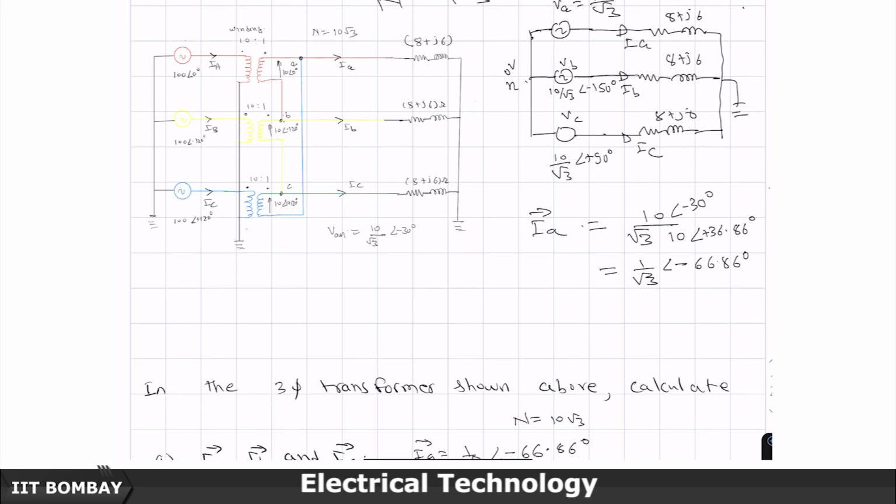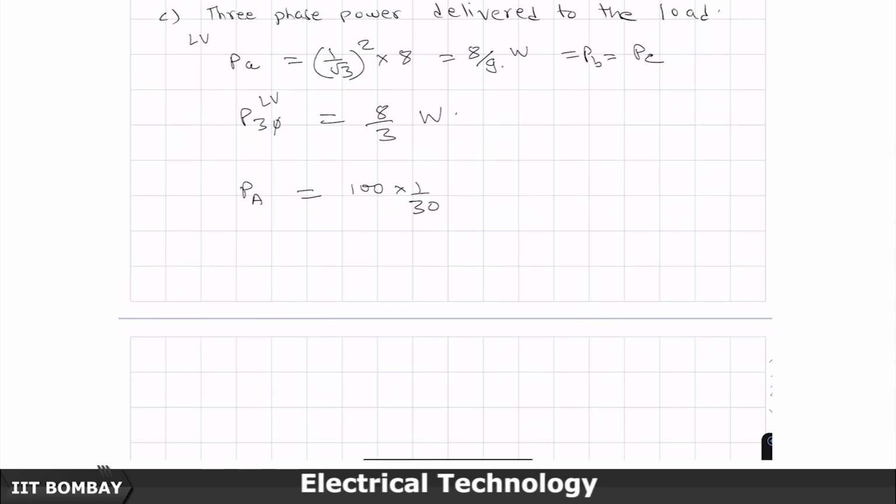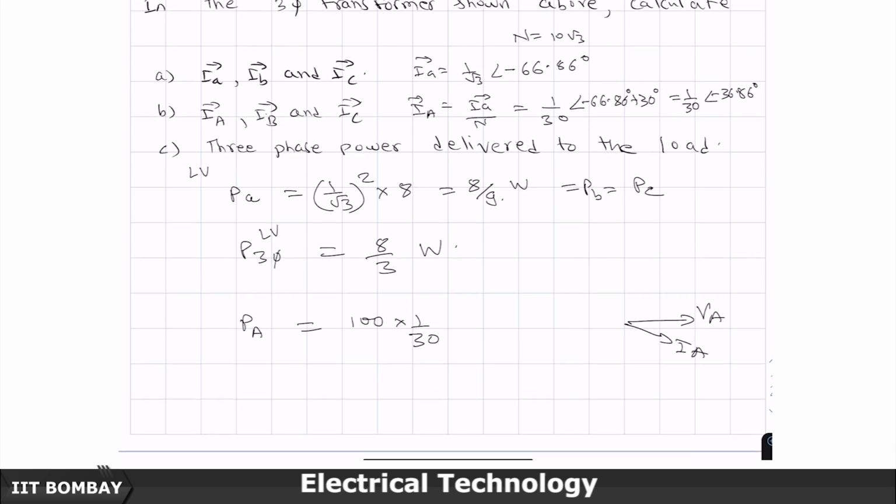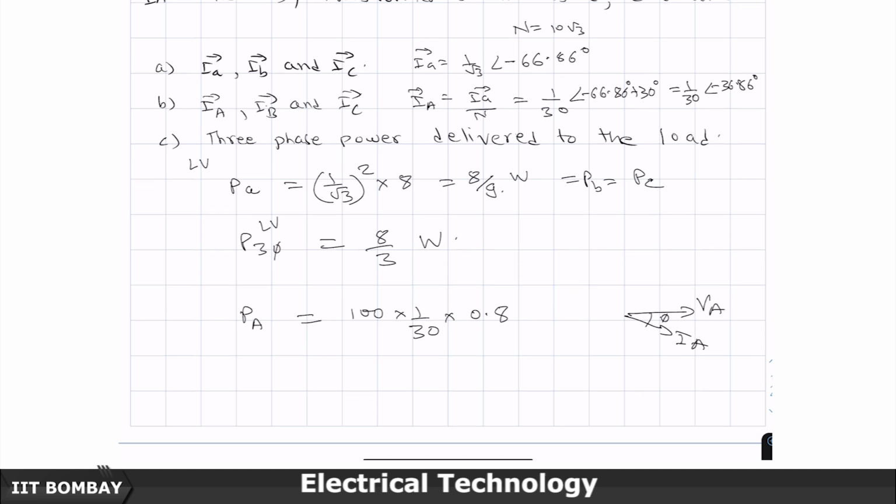This voltage is at an angle of 0. So if I draw V capital A, I capital A is lagging by minus 36.86 degrees, this phi. The power factor between the two sides has not changed. So the cos of phi is going to be equal to 0.8. Cos of 36.86 is 0.8.